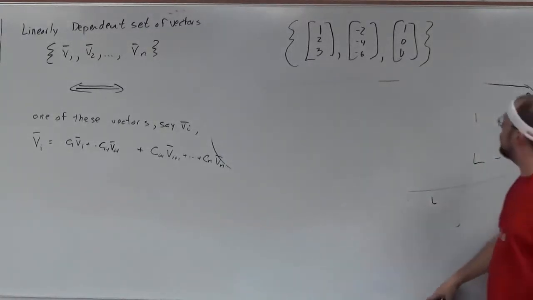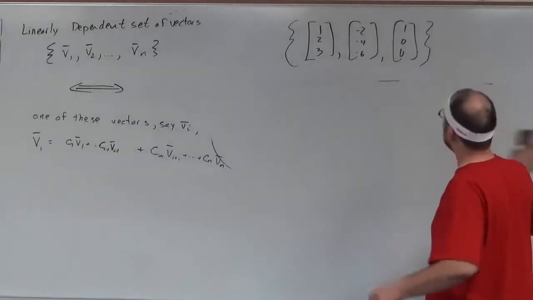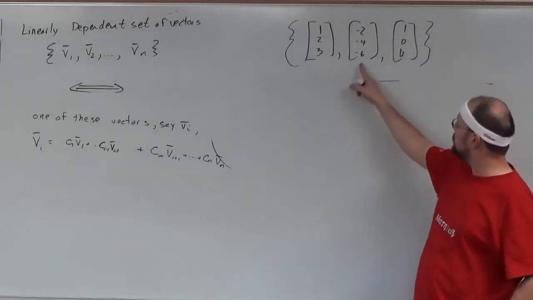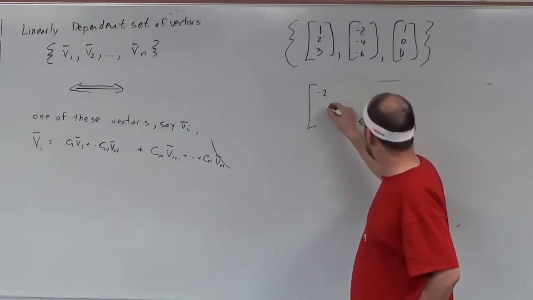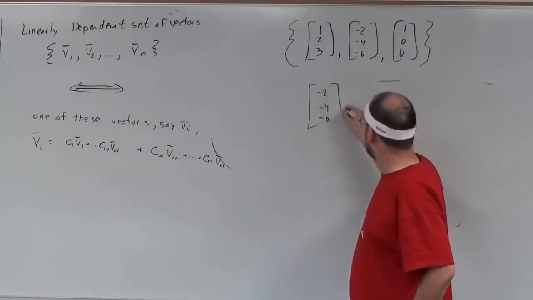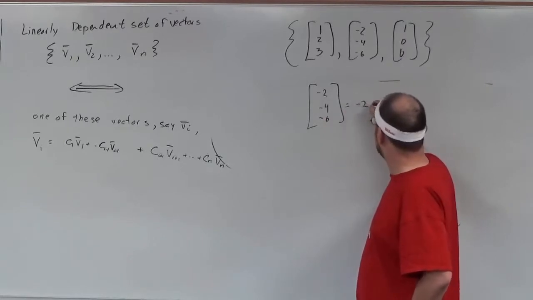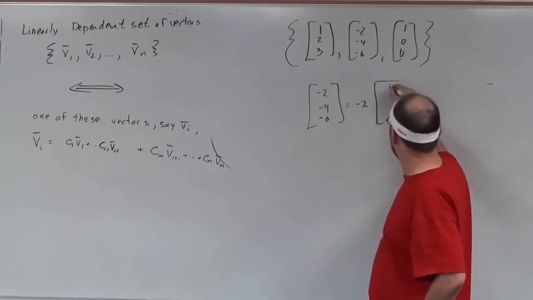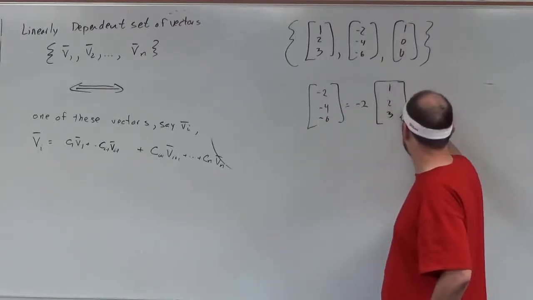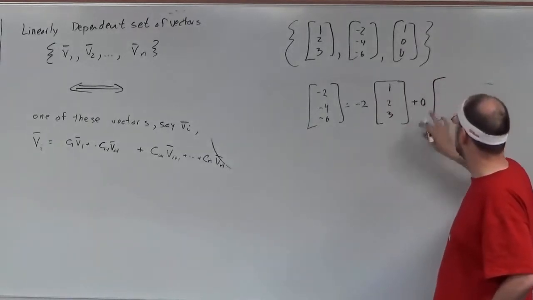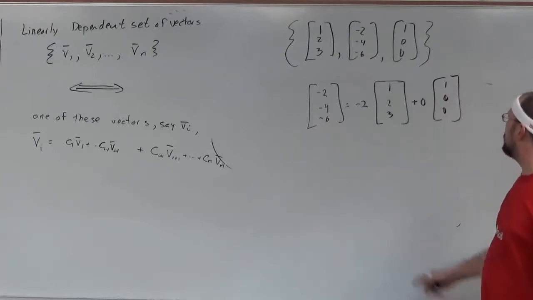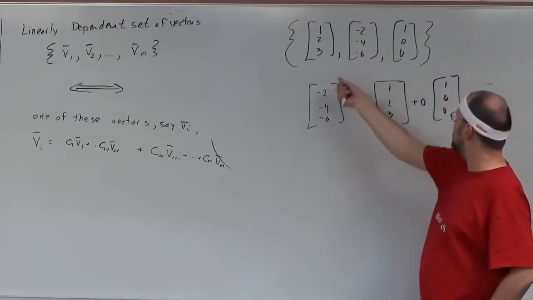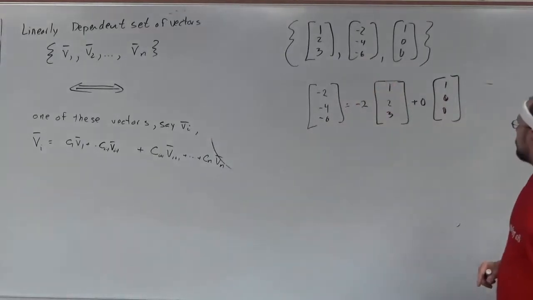What can we eyeball here? Well, the second vector is -2 times the first one, right? So we can express one of the vectors in terms of the others. If we'd like to complete the linear combination, I'll put a 0 here. So one of these vectors can be expressed as a linear combination of the other two.